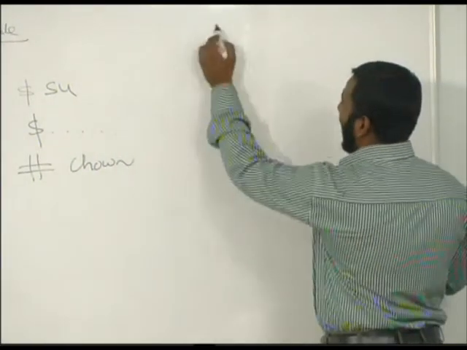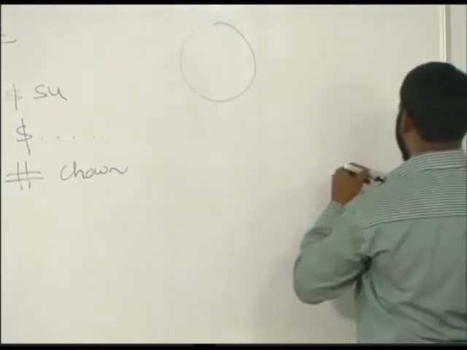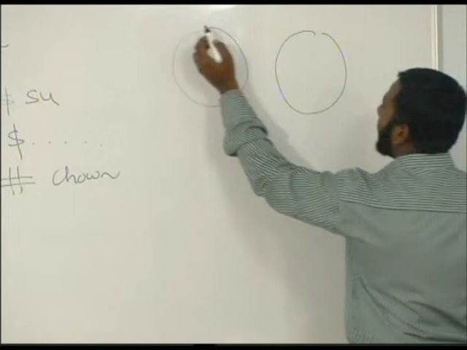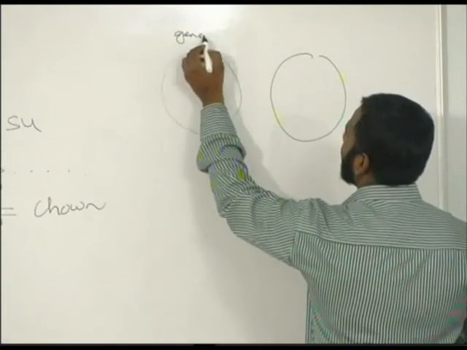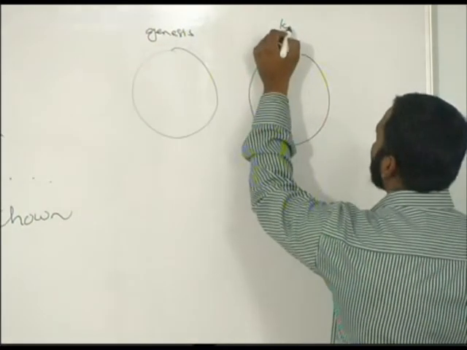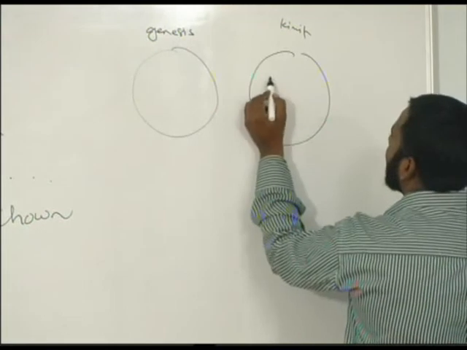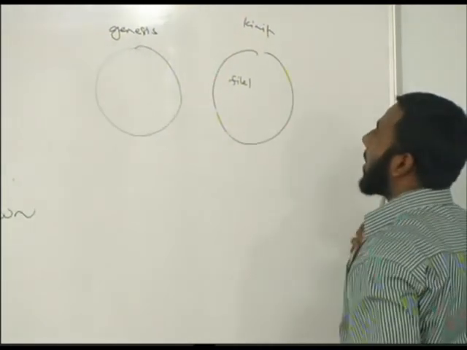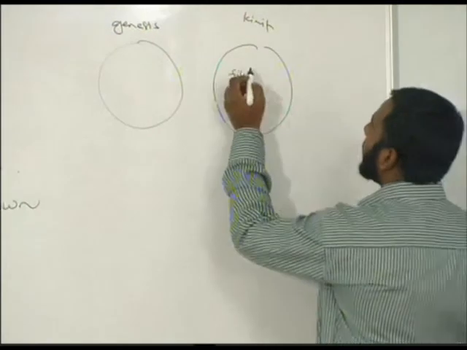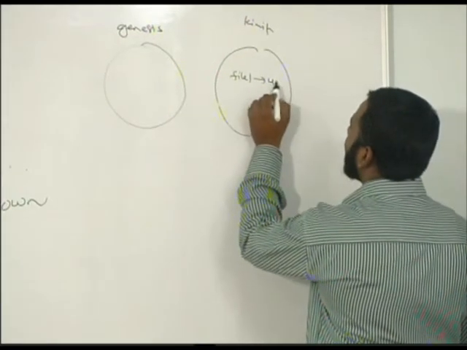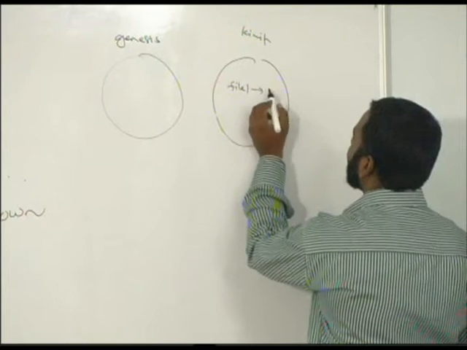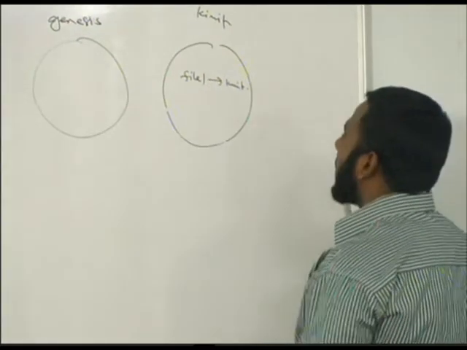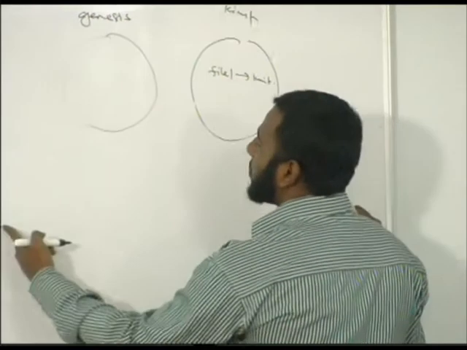For example, there are two groups, one named Genesis and another KMIT, and assume there is one file, file1, which exists in KMIT, and the owner, user KMIT, is the owner also. I want to change the owner. In order to change the owner, I'll use this chown.